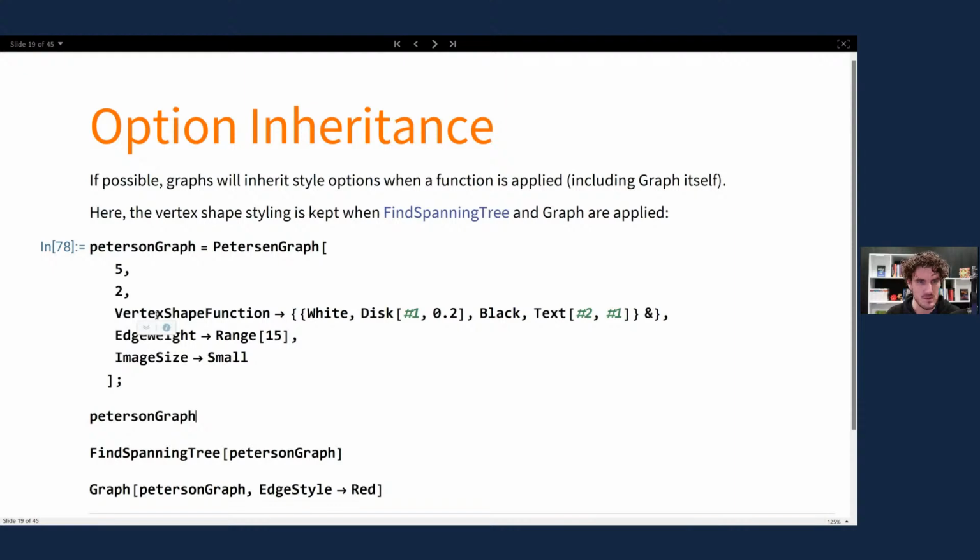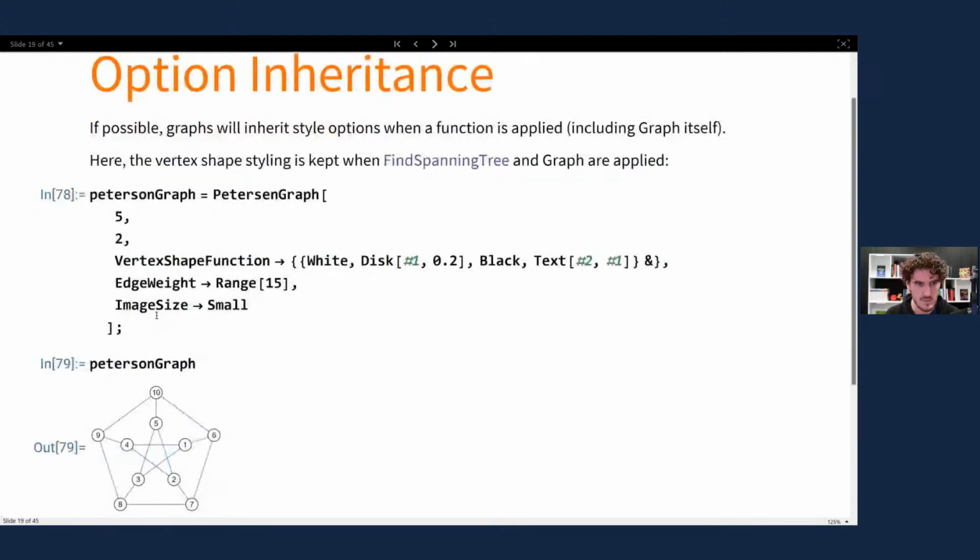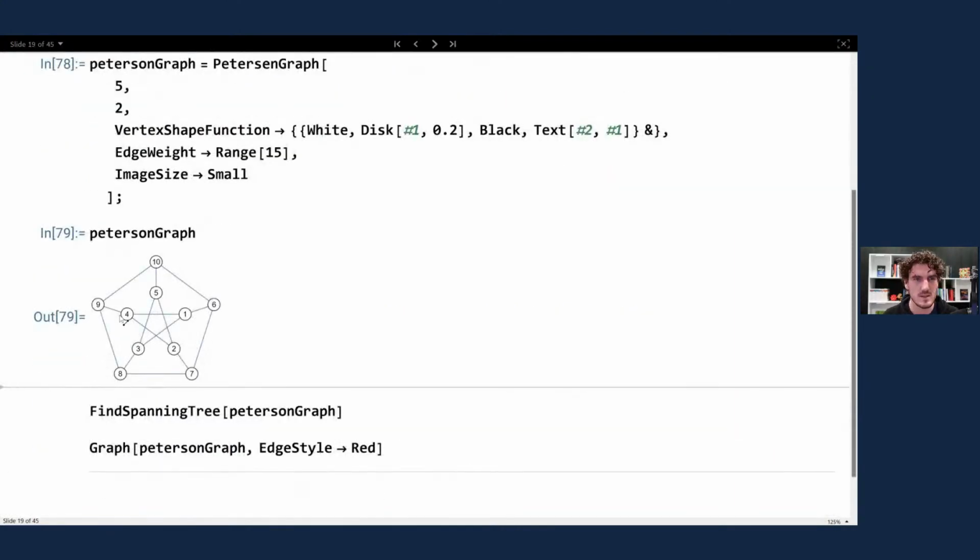So here's the Petersen graph with some custom styling. We have these white disks with the vertex number inside, I think.